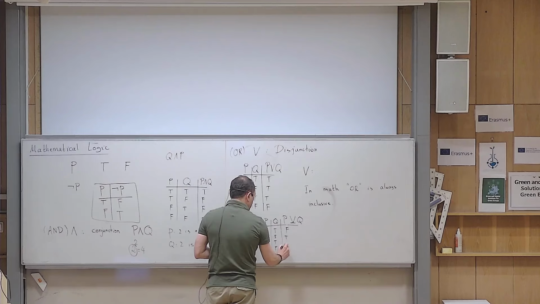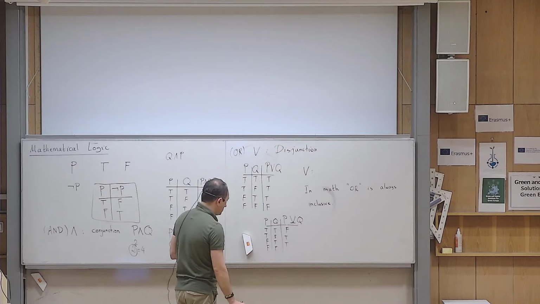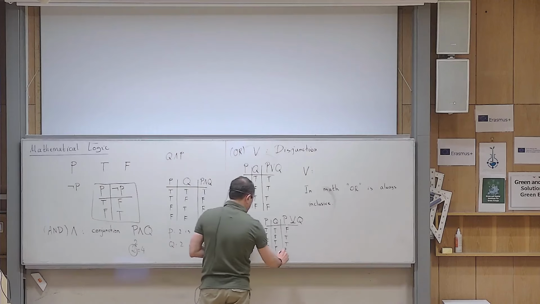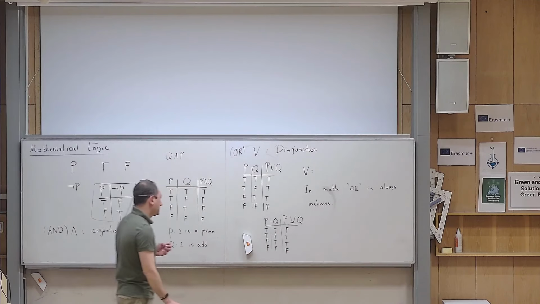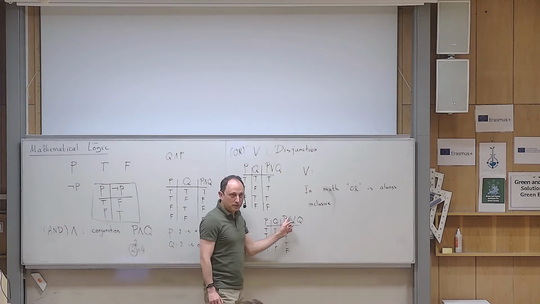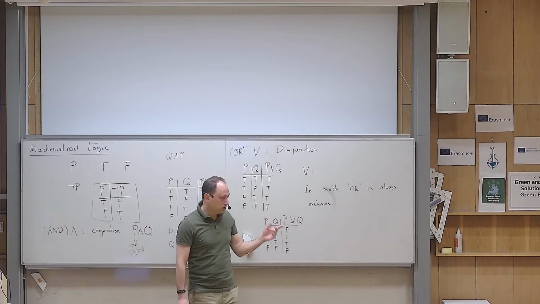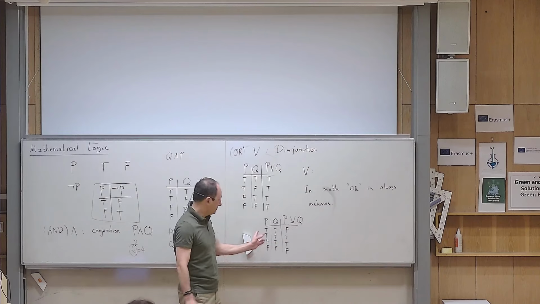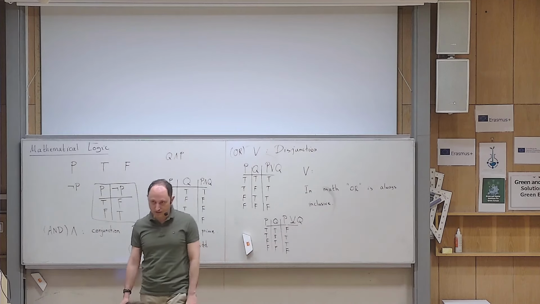This one is true. That one is true. This one is false. That one is false. Am I right? Yes, because this is read as either P or Q, but not both. This is the way you read this symbol. So if both of them were correct, then it means that this is false.